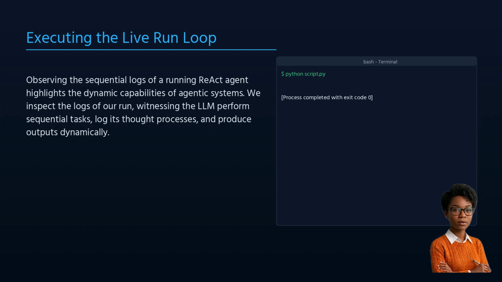It evaluates both observations and context, realizes it has completed its primary goals, and exits the loop cleanly by presenting a combined final answer. This proves how simple logic can make a static LLM incredibly dynamic.